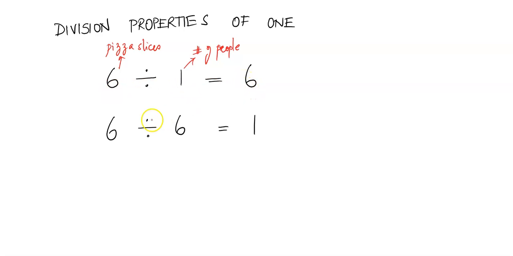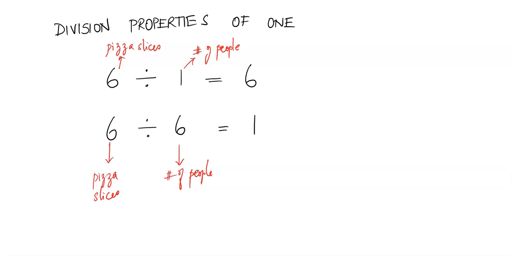So that will be 6. So here you have 6 pizza slices and 6 people. What does this mean? You're dividing the 6 slices over 6 people, so each one gets 1. That's the whole idea of sharing. That's what I mean by, if you love sharing, then you can do dividing.